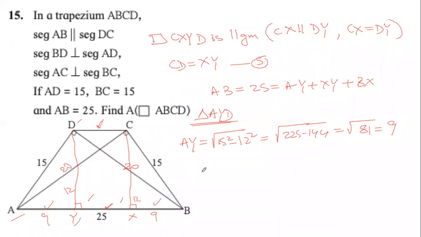So we can say our XY equals 25, which is the total length, minus AY, which is 9. BX will also be the same in the triangle BXC. So minus 9. So 25 minus 18 equals 7.